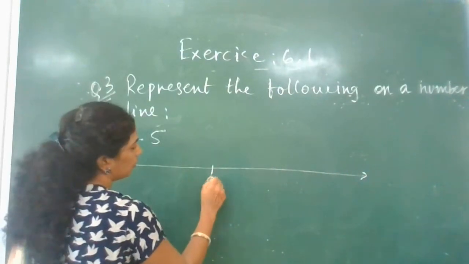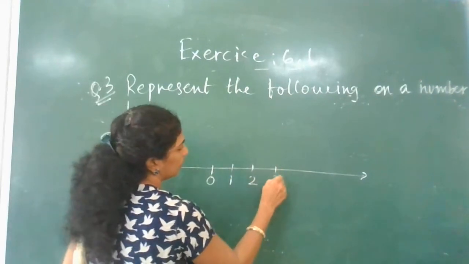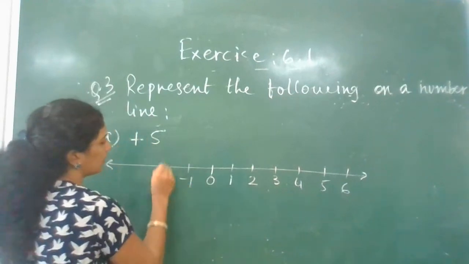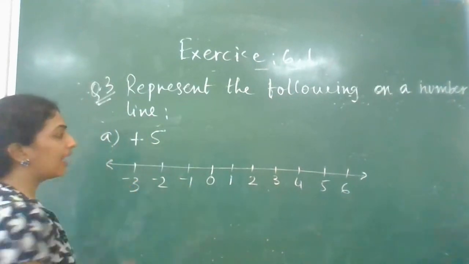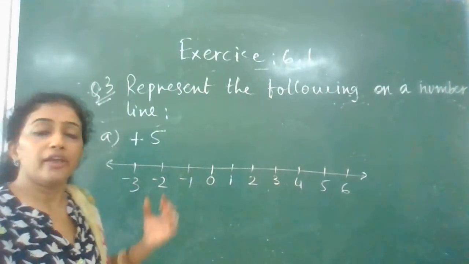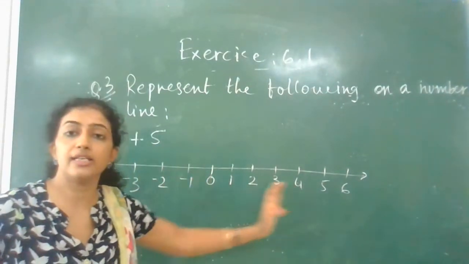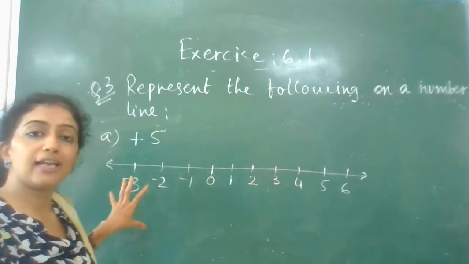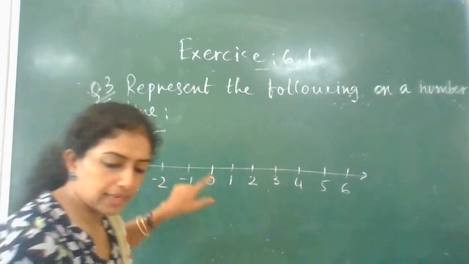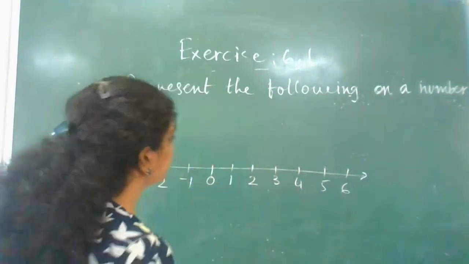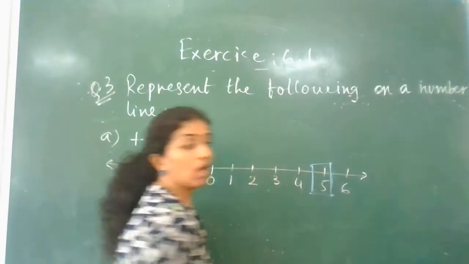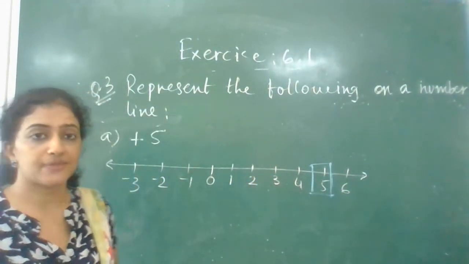Here is 0, 1, 2, 3, 4, 5, 6, minus 1, minus 2, minus 3. As I have said, as per the requirement, you can reduce and increase the portion. Here we need a positive 5, so we have increased the portion of positive integers and decreased the portion of negative integers. Now we need 5 on the number line, so we'll put a box on the 5, because this is our answer.